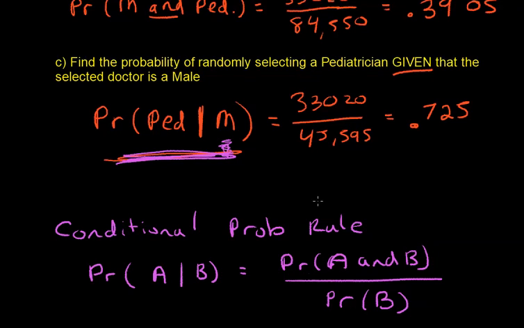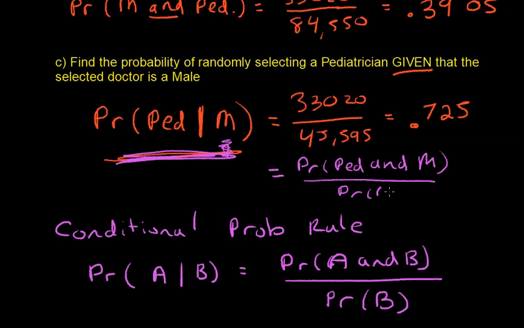All right, so we could use this. This means that this probability would be the probability of pediatrician and male divided by the probability of being a male.